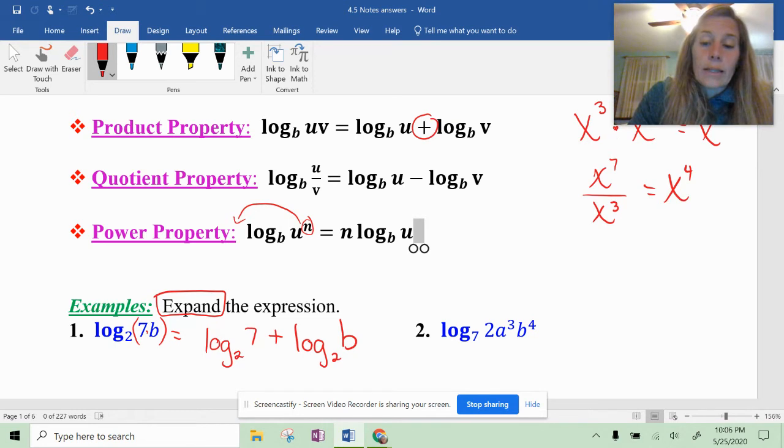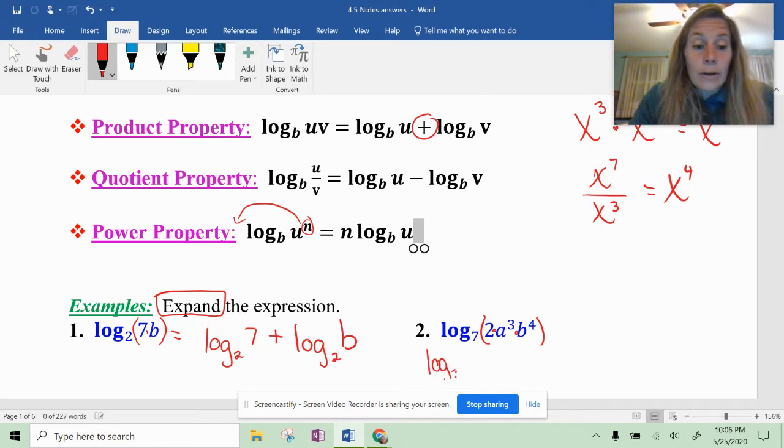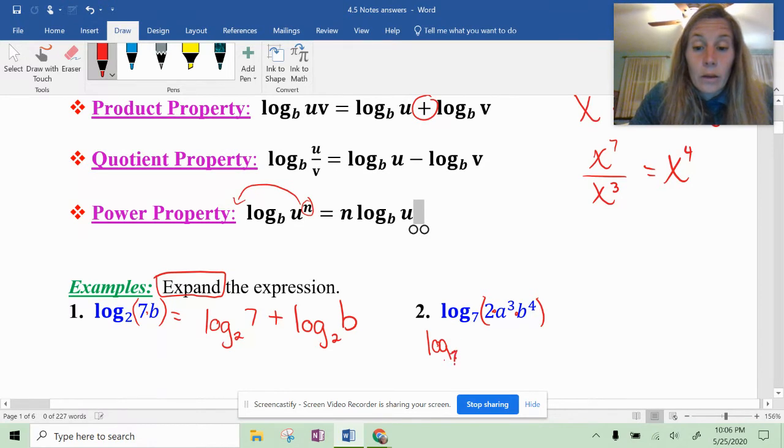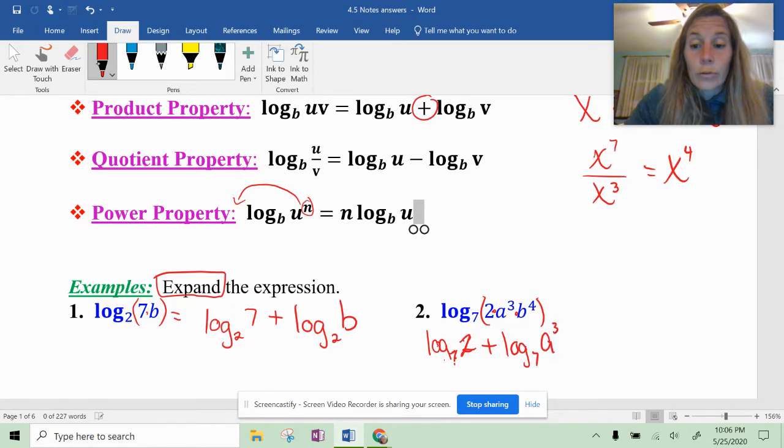Okay, so then let's take a look at number 2. For number 2, we have this entire piece here, which is actually 3 things being multiplied together. The first thing we want to do is separate each of these into separate log terms. So we have log base 7 of 2 plus log base 7 of a cubed plus log base 7 of b to the 4th.